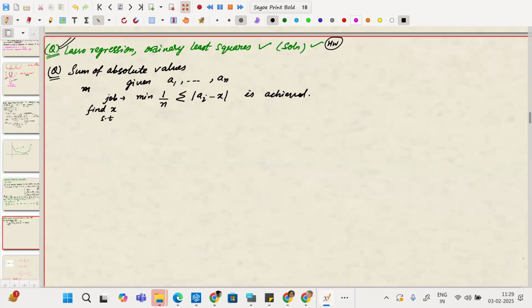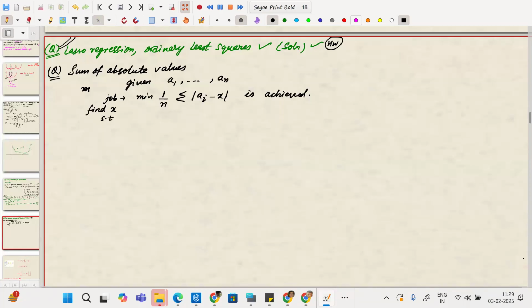Yes, subgradient and subdifferential. Those two acted like a differential even when your function was not differentiable. So we will compute the subdifferential and subgradient in this case because it is non-differentiable.